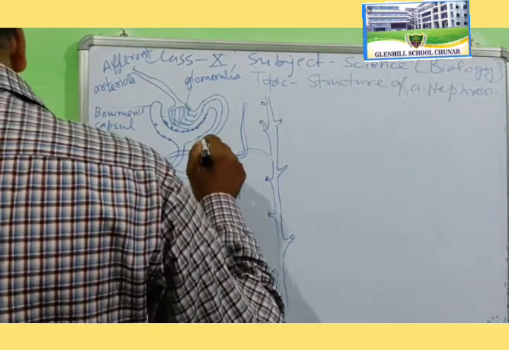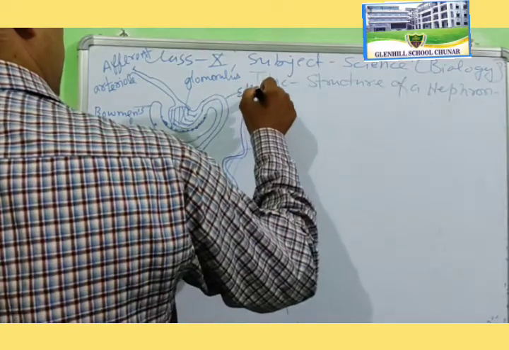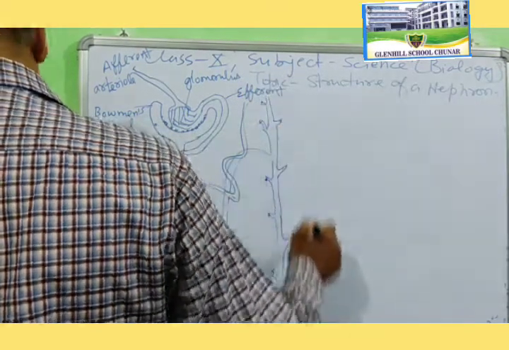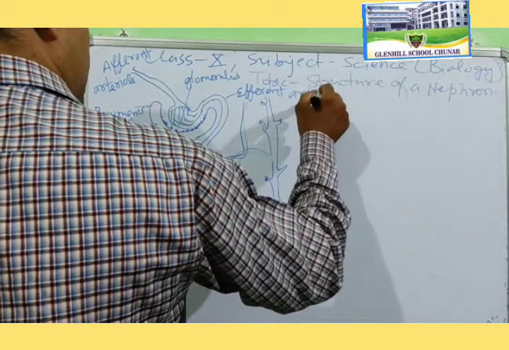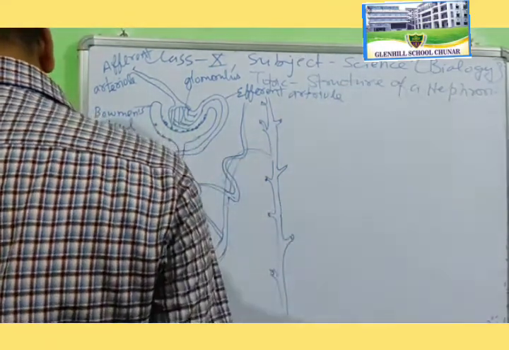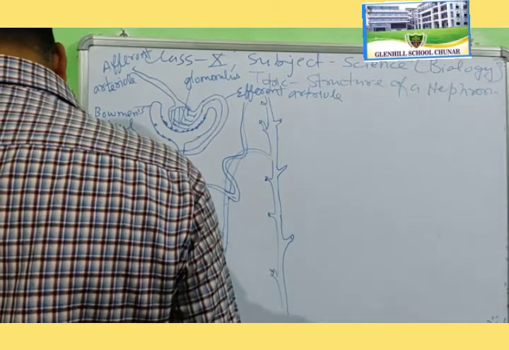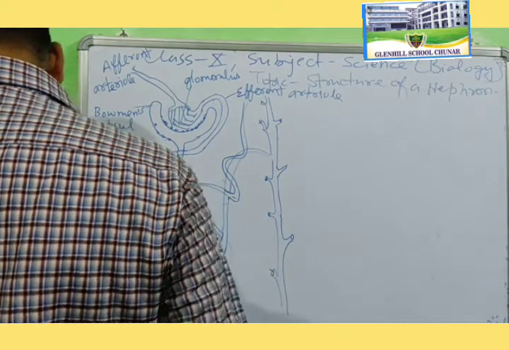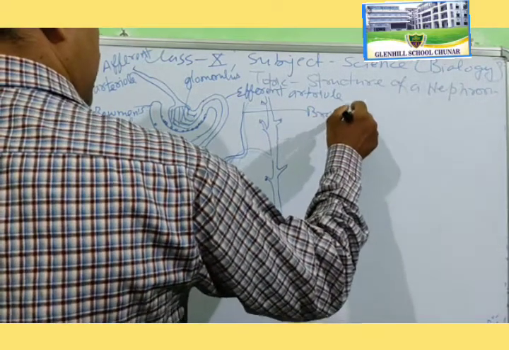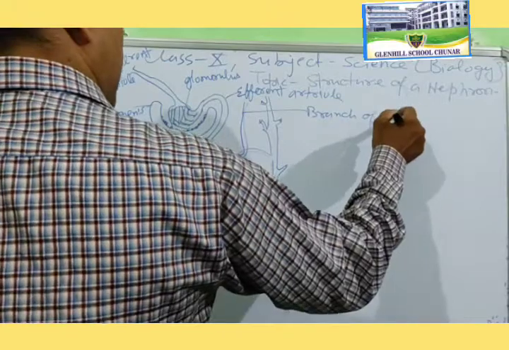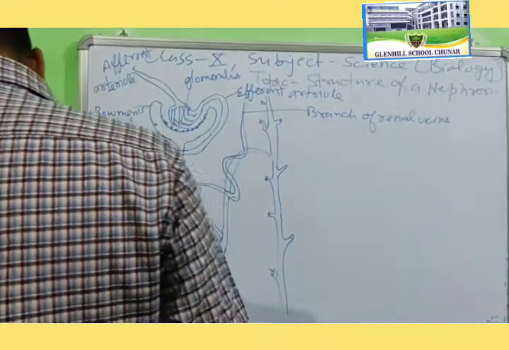This is the efferent arteriole. Efferent arterioles. Okay. Branch of renal veins.